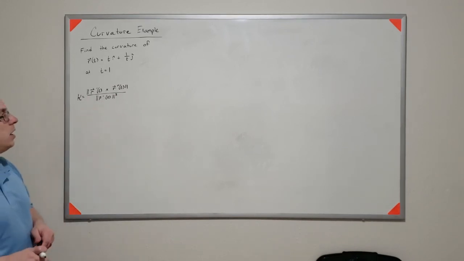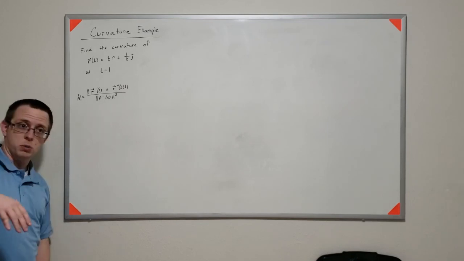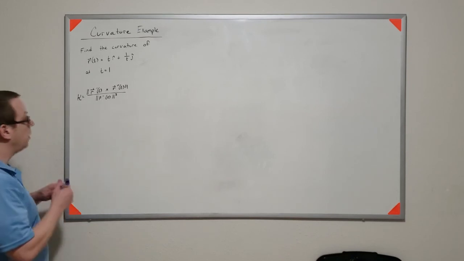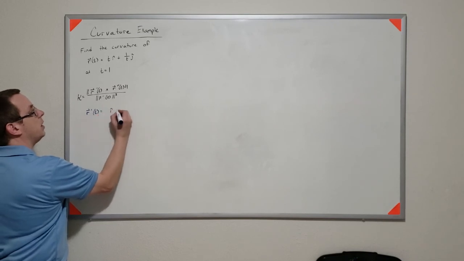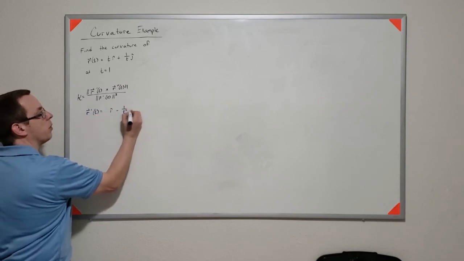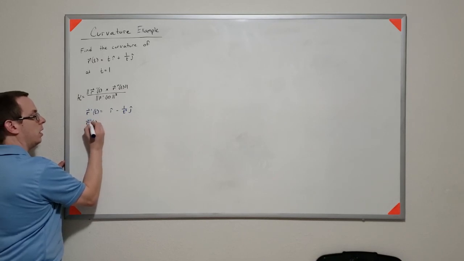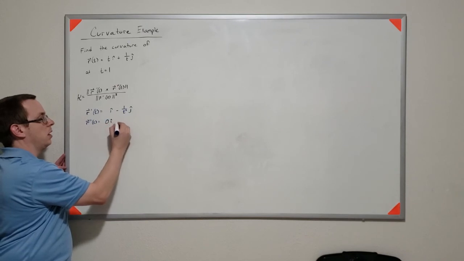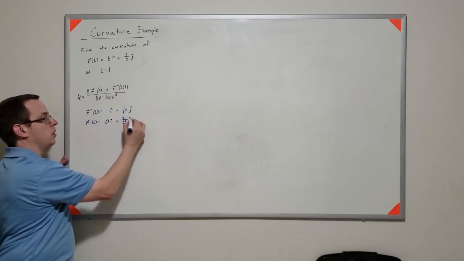So given that, let's go ahead and compute some of those components, and then we'll start putting them together. So r prime of t is i minus 1 over t squared j. And r double prime is 0i plus 2 over t cubed j.